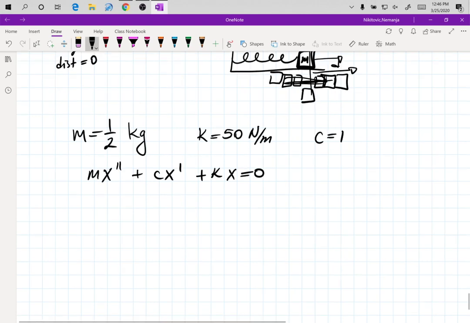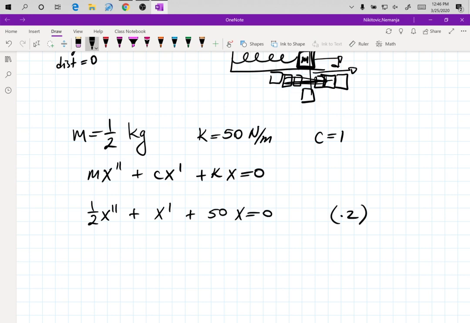You plug in the values. You multiply the whole equation by 2 to get x double prime alone, meaning coefficient 1. Now use r squared, which is the characteristic equation, to solve the problem.